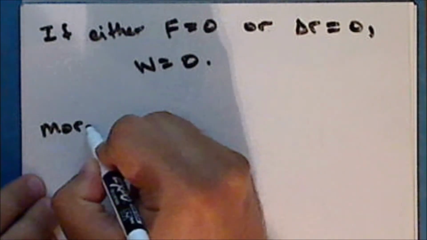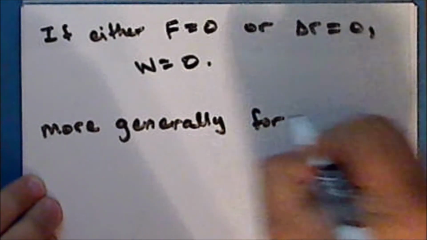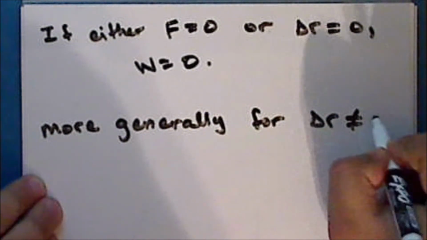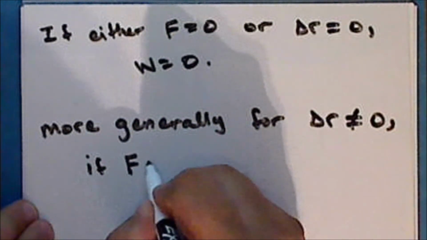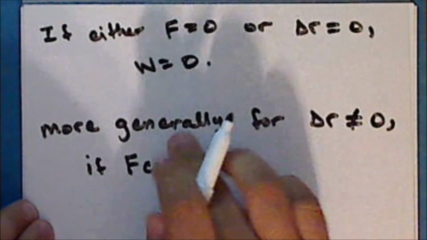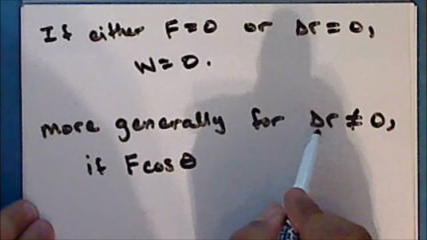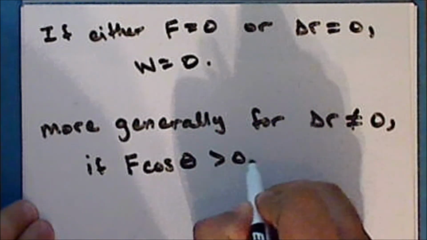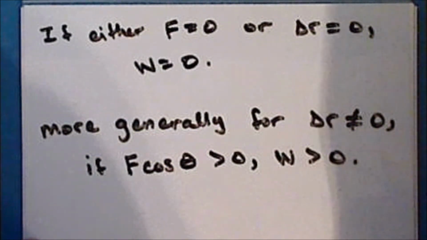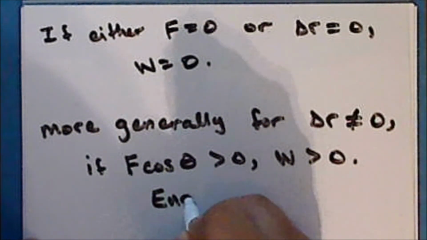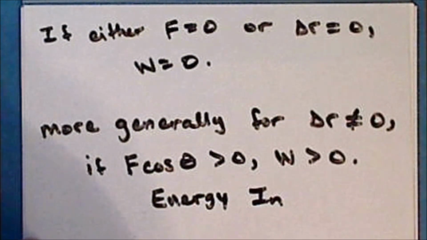But more generally, for a non-zero displacement, if the product of the force times the cosine of theta, which is the component of the force in the direction of the displacement vector, is positive, then the work done on the system is positive. And in this case, we have an energy transfer into the system.